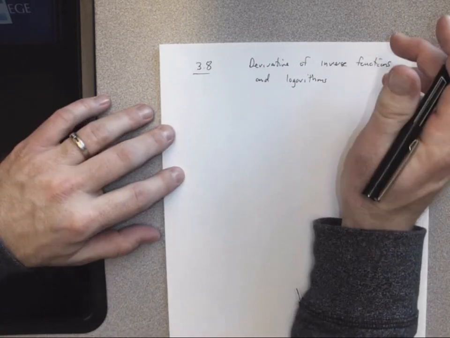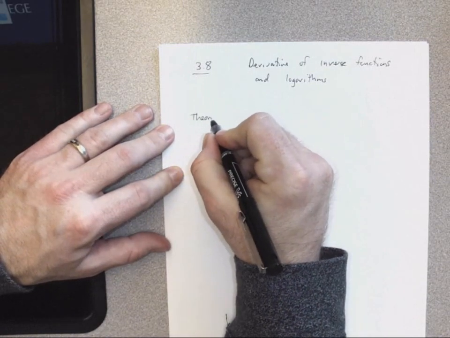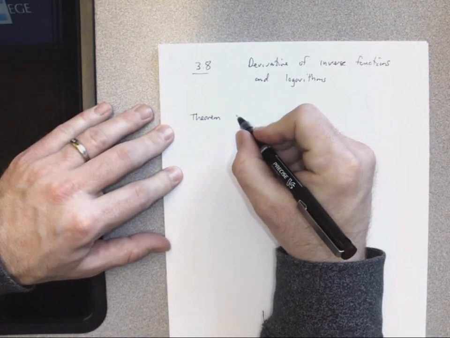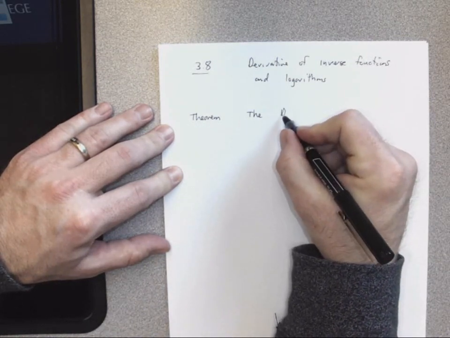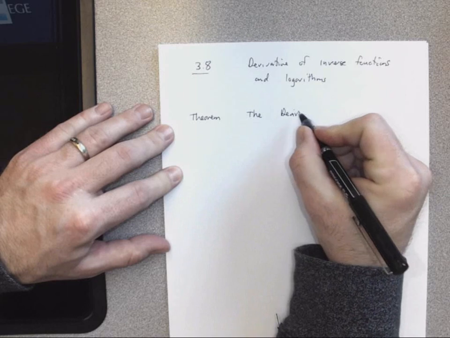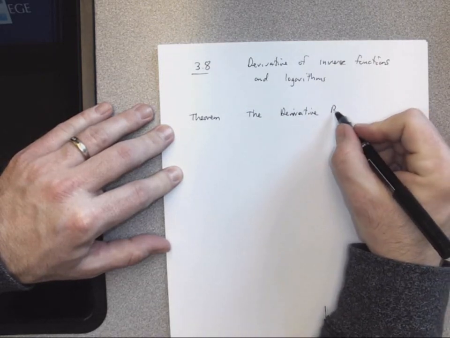And it comes from here, so theorem. Derivative rule for inverses.